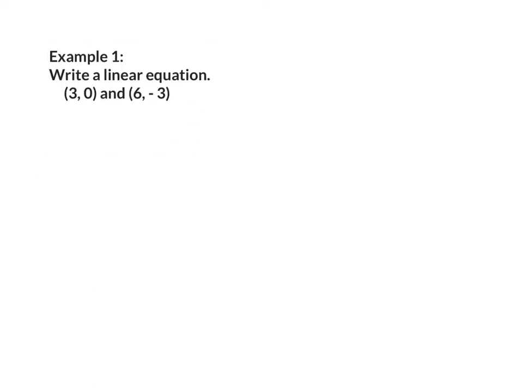Example number 1. Write a linear equation with the coordinates (3, 0) and (6, -3). So first we're going to label our coordinates: x sub 1, x sub 2, y sub 1, y sub 2.